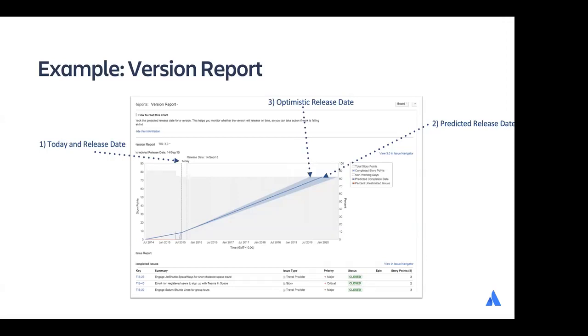So it's giving you an estimate of, wow, you're really behind in this release. The predicted release date is in the future, and it'll give you an optimistic release date and a pessimistic release date based on the predicted release date, plus or minus 10%, the average daily velocity that's predicted for this report. So it's sort of a big overview.